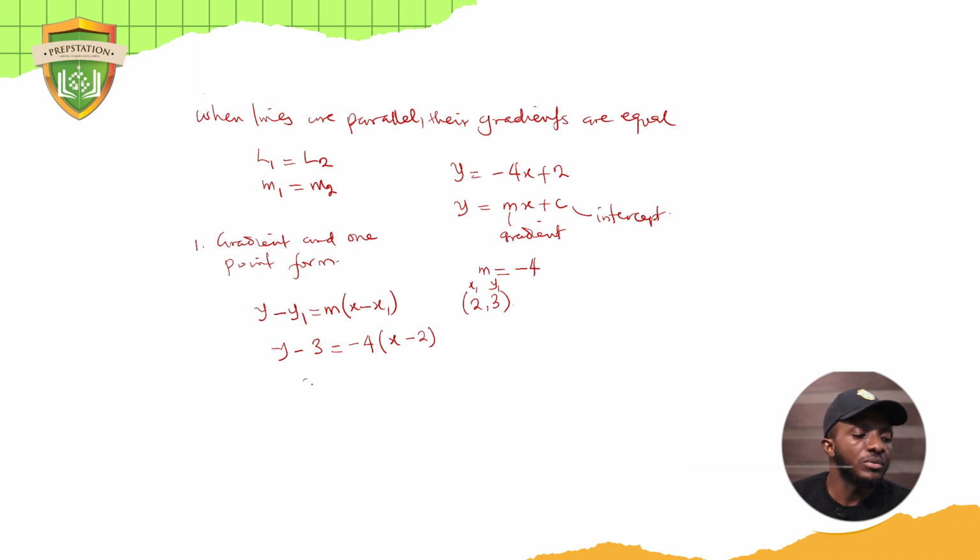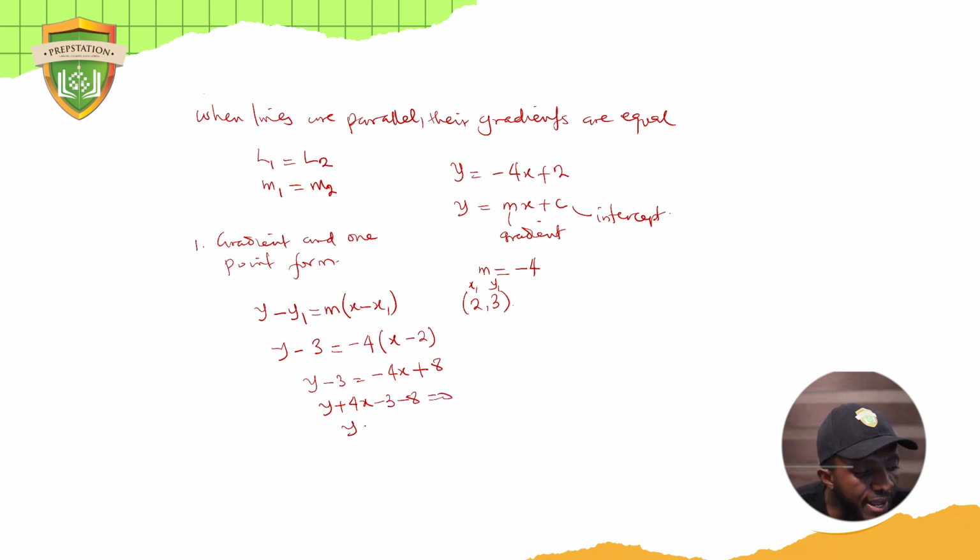So let's go. This is y minus 3. If you clear brackets, you have minus 4x plus 8. If we bring everything to the left-hand side, we're going to have y plus 4x, because we have moved negative 4x over to the side. We're going to move 8 as well. So we're left with minus 3 minus 8 equals 0.